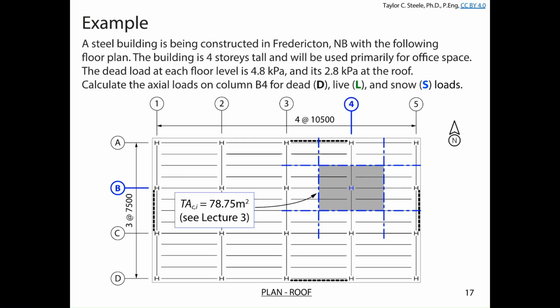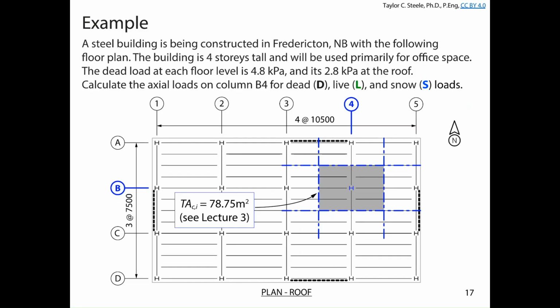And we have the snow that we just calculated, and we can figure out some live loads for us here. Okay, so our goal is to figure out what the maximum compression from each of these forces might be on a typical column at the bottom of our structure. Does anyone have any questions about what this problem is asking us to do before we get into the details?